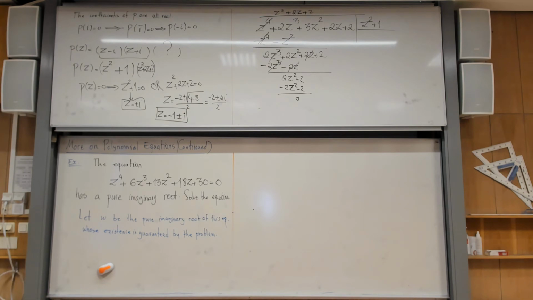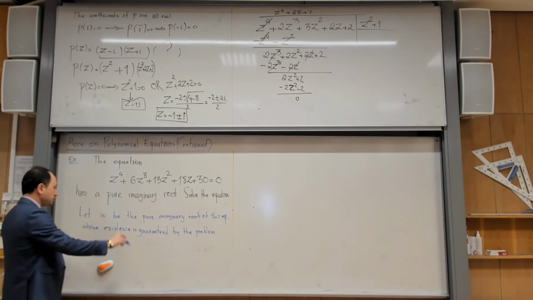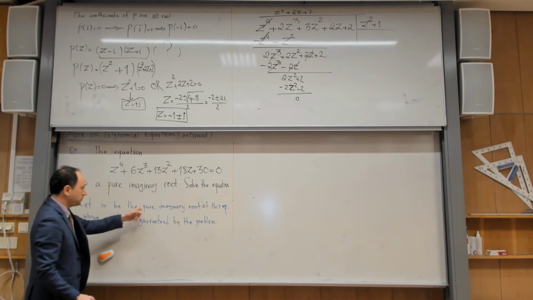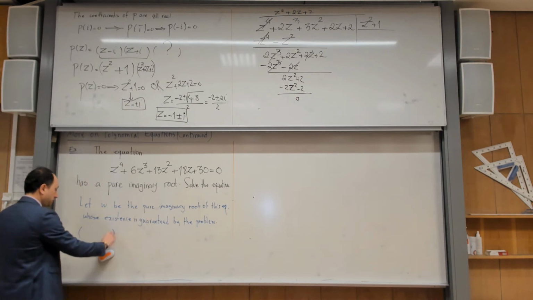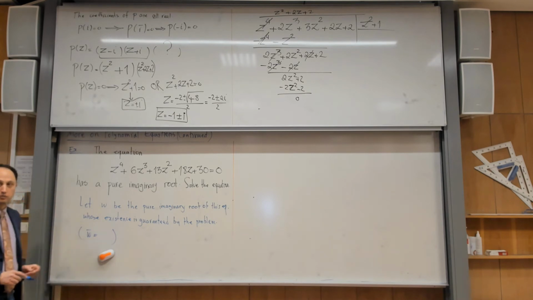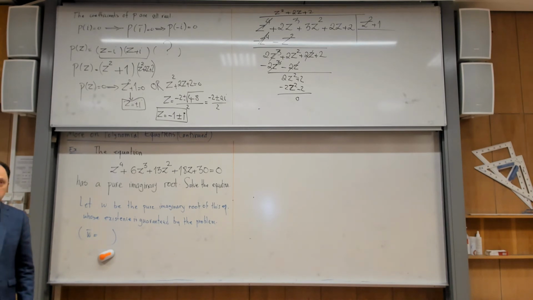Okay, what does it mean? First of all, what can I say about W? Because it is pure imaginary, I know that W bar is what? The real part is 0.